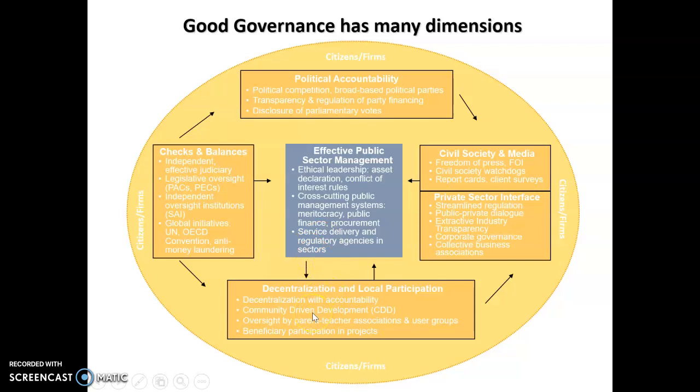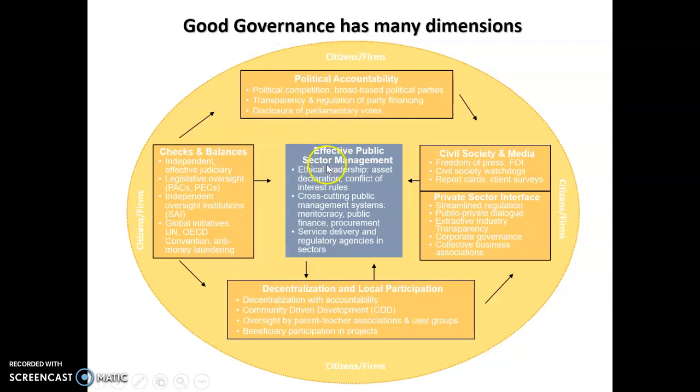Decentralization and local participation is also very important: decentralization with accountability, community-driven development, oversight by parent-teacher associations and user groups, and beneficiary participation in projects. Then we have checks and balances: independent and effective judiciary, legislative oversight, independent oversight institutions, and global initiatives such as the UN, OECD Convention, and anti-money laundering.